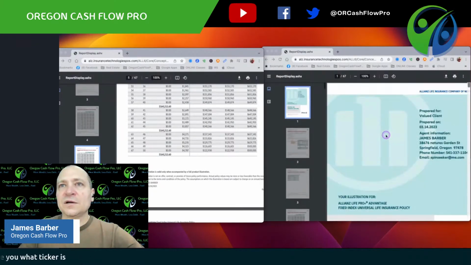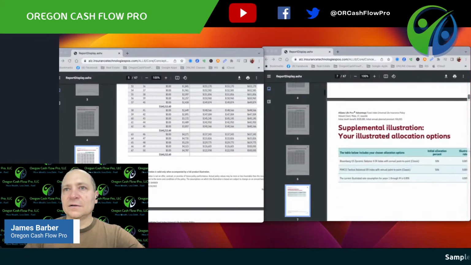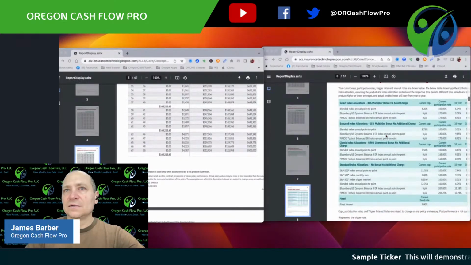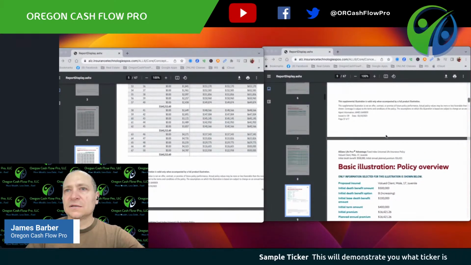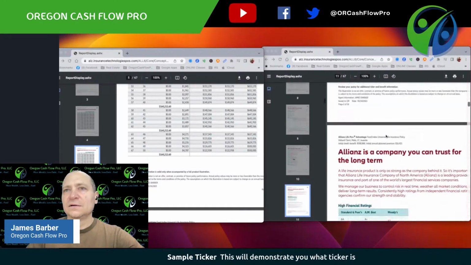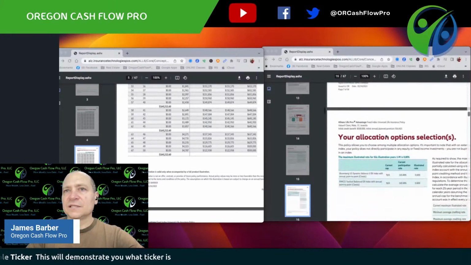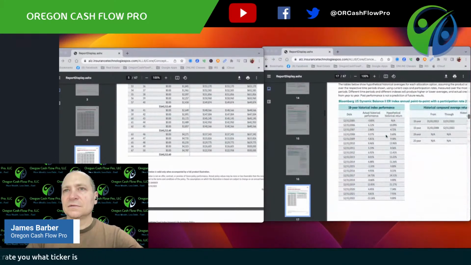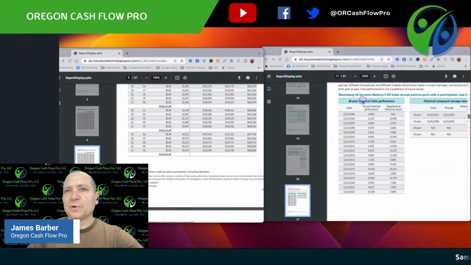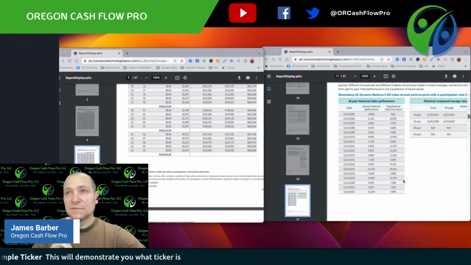So let's take a quick look at that in here. This tells us what the actual return was over the last 17 years with these index options. So right here, this is your Bloomberg. This is the actual return since 2005. This column is the hypothetical return based on the participation rate that the insurance company is offering today.